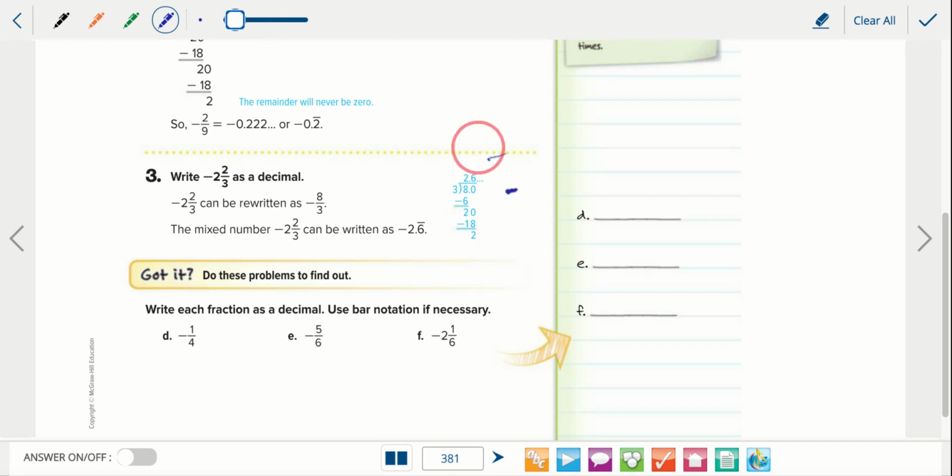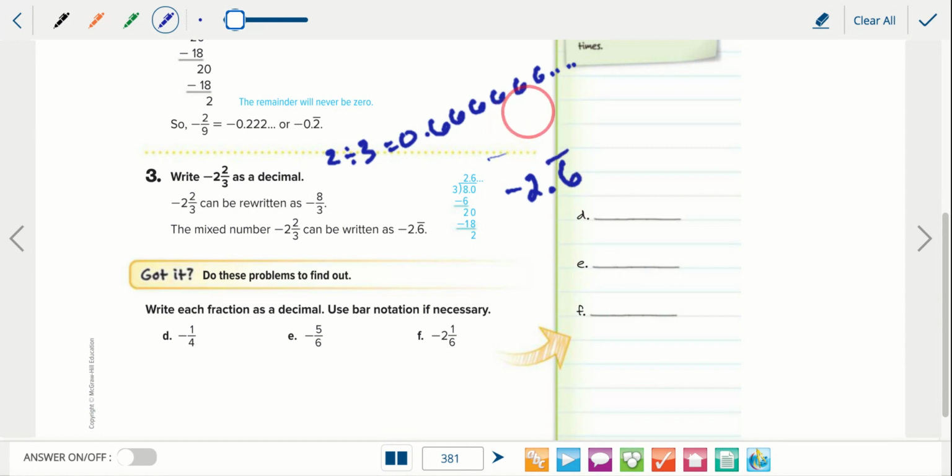I know it's going to be -2 point. And then whatever I get here, 2 divided by 3, which gets me 0.6666666. So I would take that 0.6 and write it 0.6 repeating.